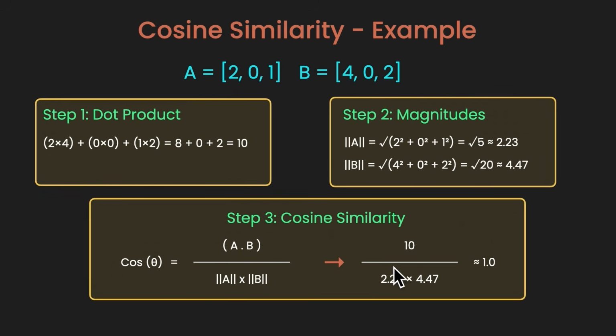You can see that the cosine similarity is 1, which means both are in the same direction. That means these two vectors have high similarity. So the important thing to note here is that in cosine similarity, all that matters is whether two vectors are pointing in the same direction or not. The magnitude is actually irrelevant when it comes to cosine similarity.